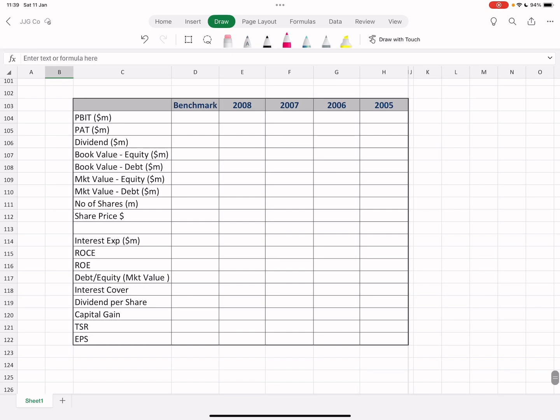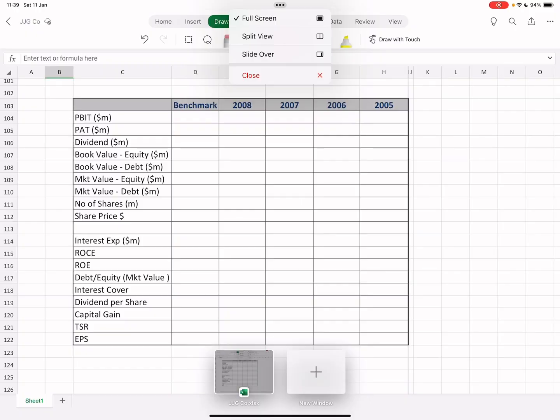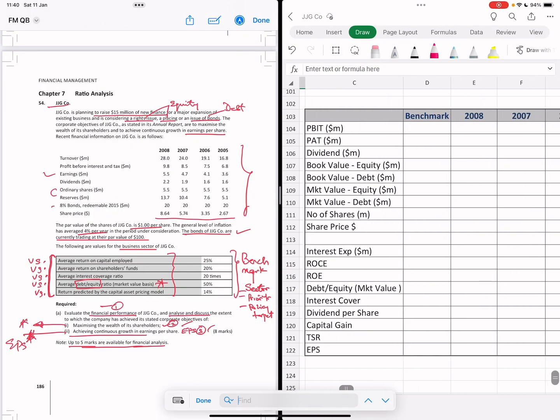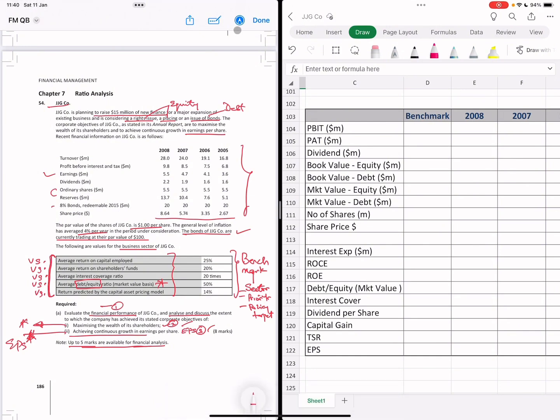So I've tried to summarize it in this table in terms of what we'll be doing now. We need to start populating this table based on the information that we have. So this is JJG, and first of all, we need to populate our benchmark. We'll be looking at PBIT, profit after tax, dividend, book values, all the information that we need for our ratios.